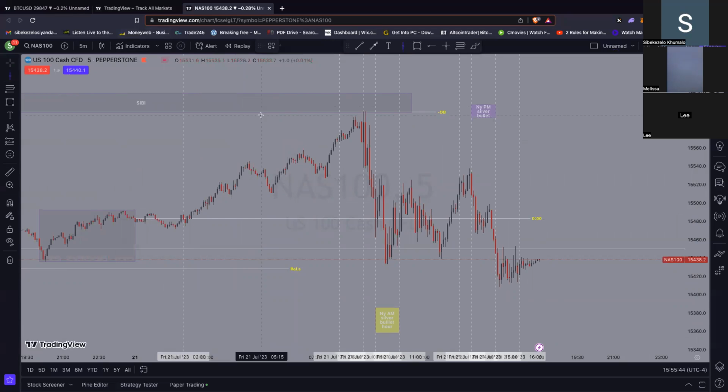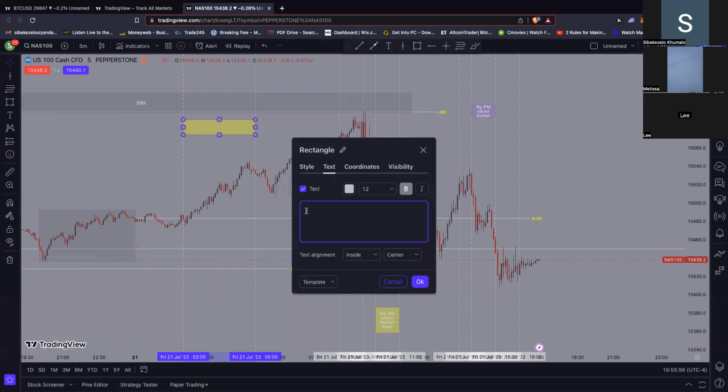So this is what you do, after doing all this easy work. During this is London open kill zone. You want to highlight your high and your low there. London open.